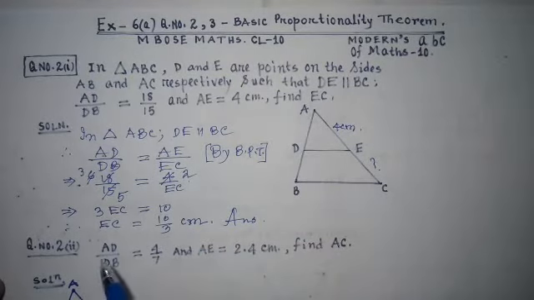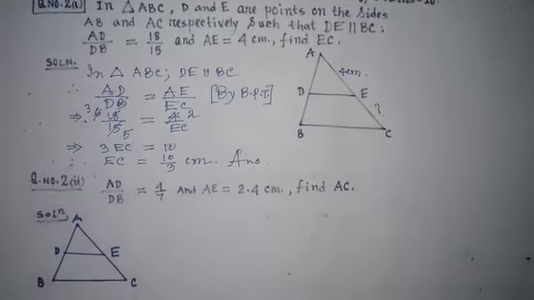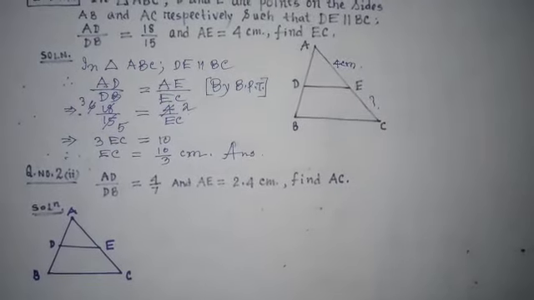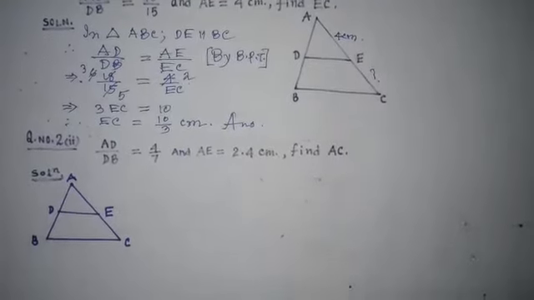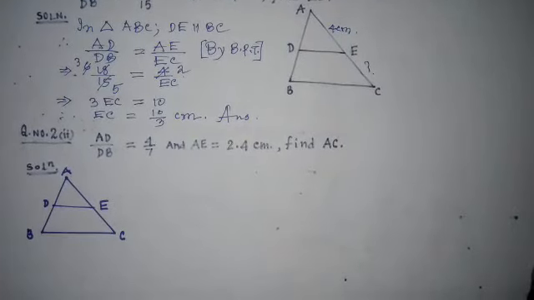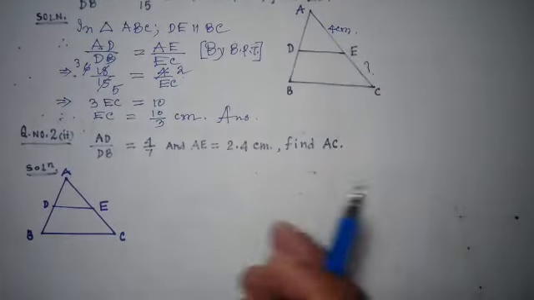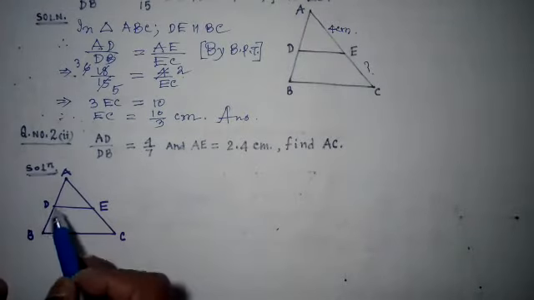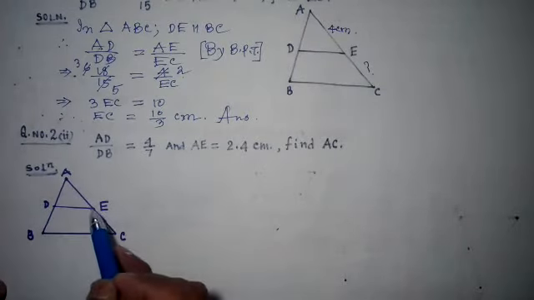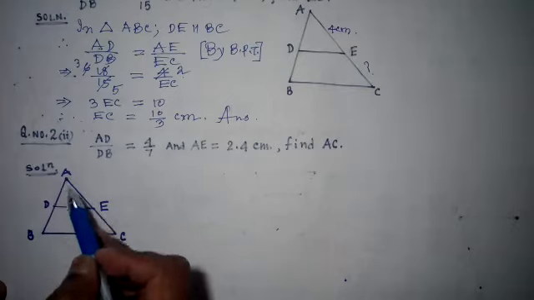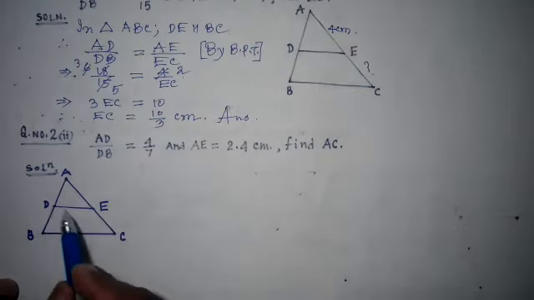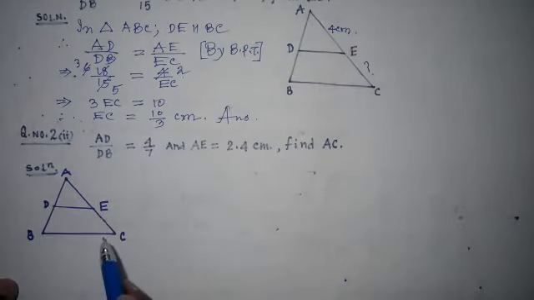Look at question number 2. Same question: in triangle ABC, D and E are points on the sides AB and AC respectively, and DE parallel to BC.